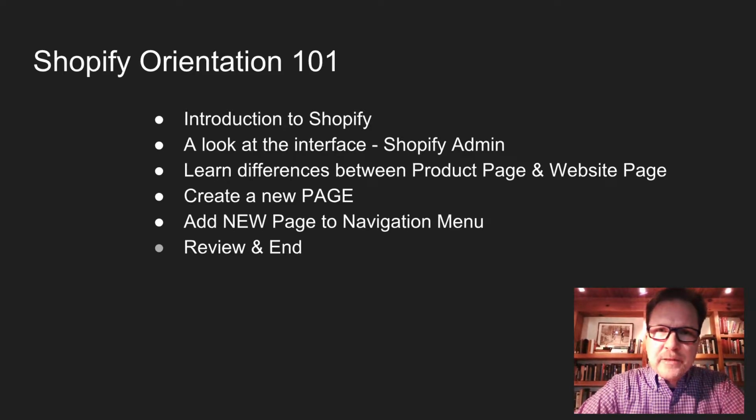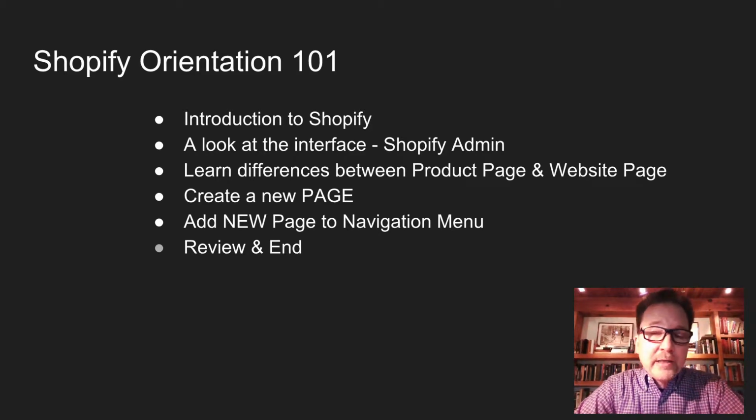And then more specifically, this is a part that trips up a lot of first-time users, getting a solid understanding of the differences between a product page and a website page.